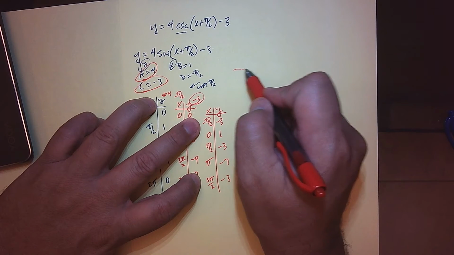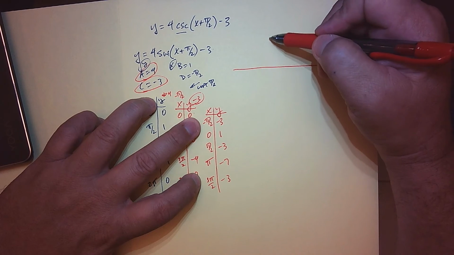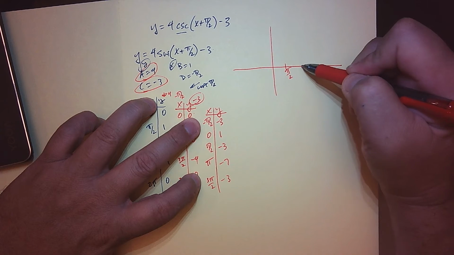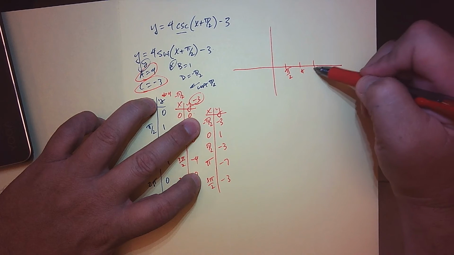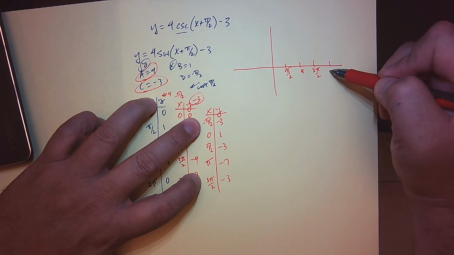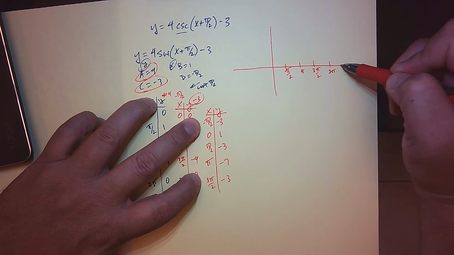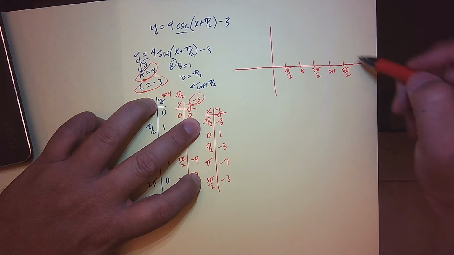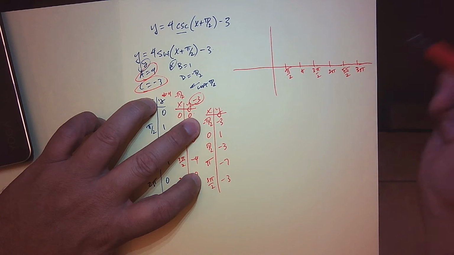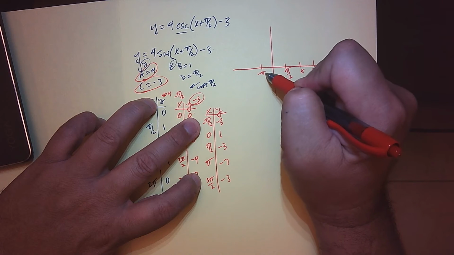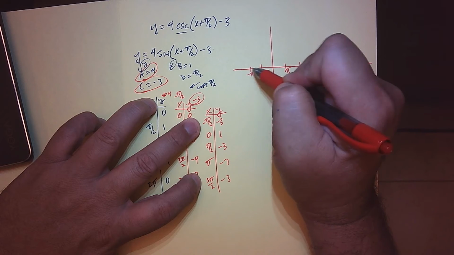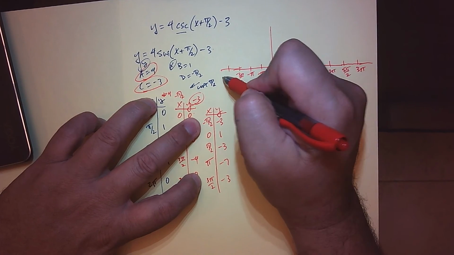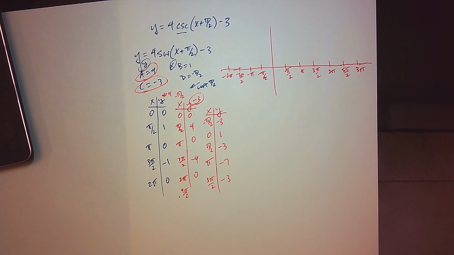So basically, to graph this again, we've got pi over 2, pi, 3 pi over 2, 2 pi, and if you wanted to keep going out, 5 pi over 2, and eventually 3 pi, and then all their negatives: -pi over 2, -pi, -3 pi over 2, and -2 pi, just to go out some.